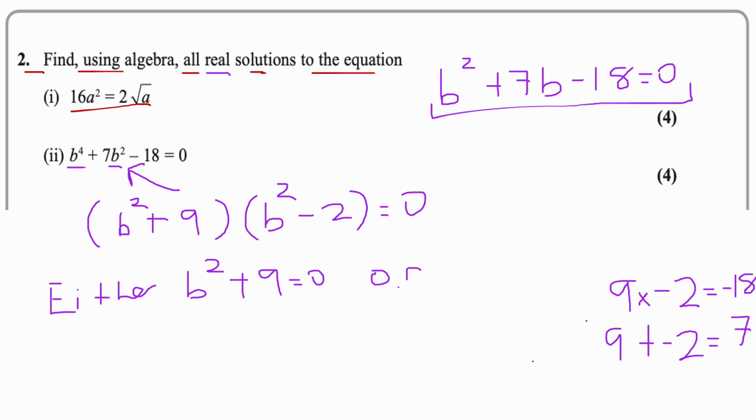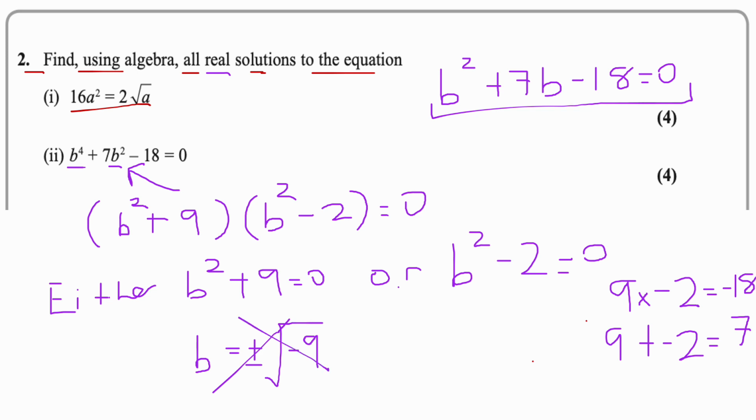Solving the first equation, I get complex roots, because b is equal to plus or minus the square root of negative 9, and I can't take the square root of a negative number. So it has no real roots there.